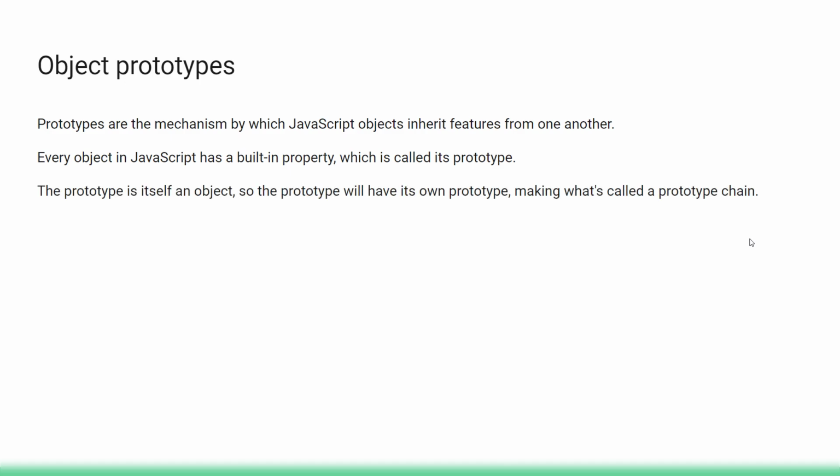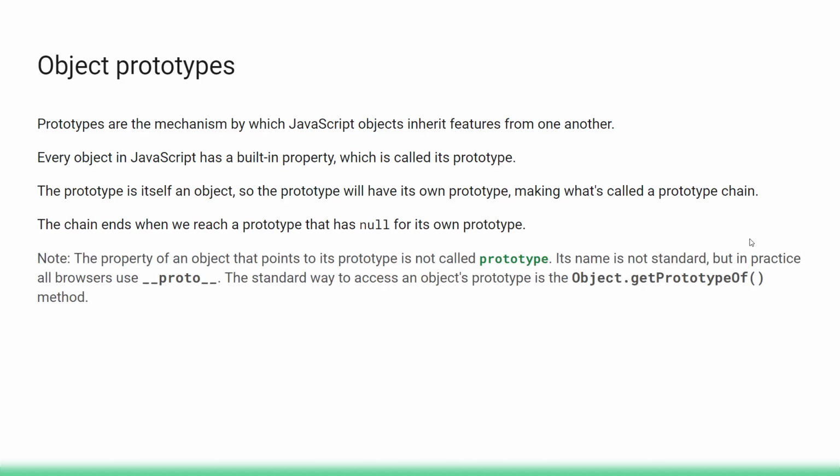The prototype is itself an object, so the prototype will have its own prototype, making what's called a prototype chain. The chain ends when we reach a prototype that has null for its own prototype. We're going to discuss the prototype chain later. This time you need to know the prototype and the prototype chain, right?